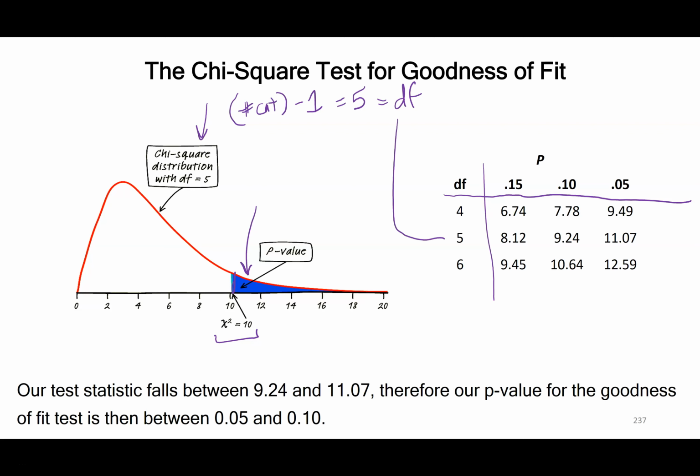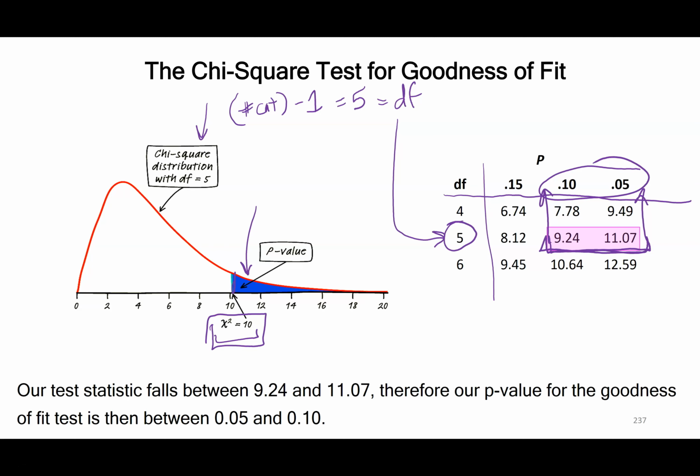That tells me which row to use, similar to using the t-table. And then I'm going to look for my chi-squared statistic here. It's not between 8.12 and 9.24. It's between these two numbers, right? So 10 is between 9.24 and 11.07. So I'm going to go up and see that my p-value is between these two numbers.